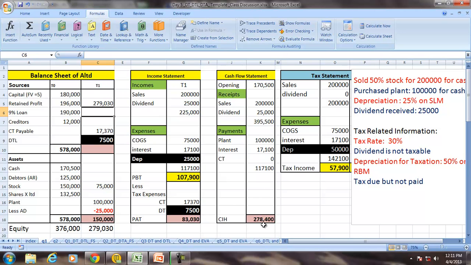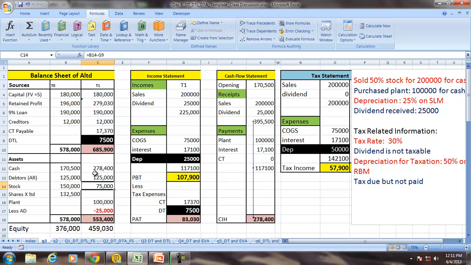We can find now the cash available. Cash in hand is equal to cash available minus the cash expenses, cash payments. So 278,000 will be transferred to the balance sheet. No change in the capital, no change in the loan, no change in the creditor. So the summation of this will give us the sources.